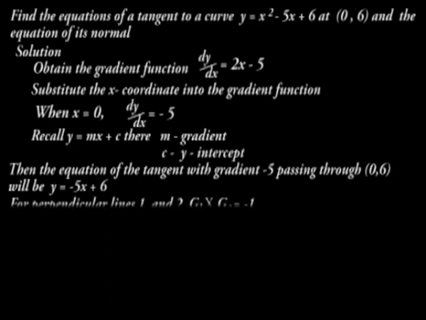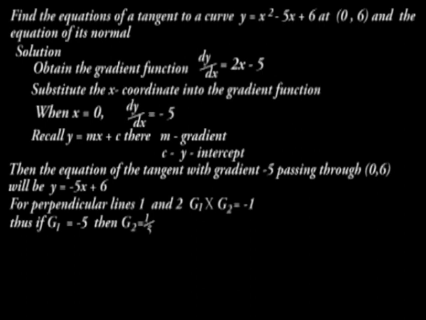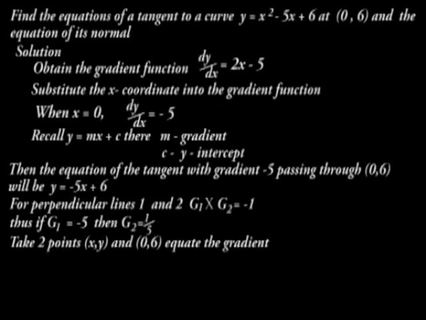Recall also that for perpendicular lines 1 and 2, gradient 1 times gradient 2 is negative 1. Thus, if gradient 1 is negative 5, then gradient 2 is 1 over 5. Take a point (x, y) and the point (0, 6) and equate to the gradient.